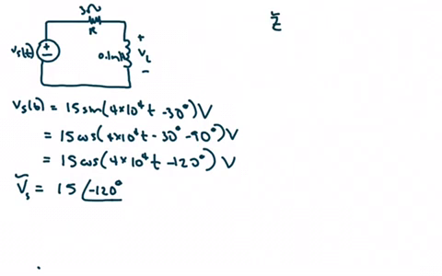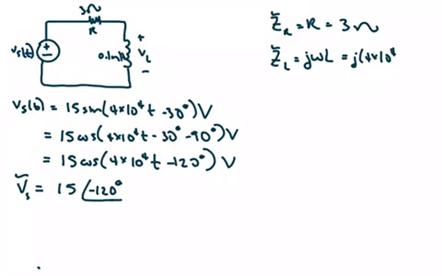So ZR is just going to be R, which is 3 ohms, and ZL is going to be j omega L in the frequency domain, which is just j 4 times 10 to the 4 times L, which is 0.1 times 10 to the negative 3. So we end up with ZL is j4.